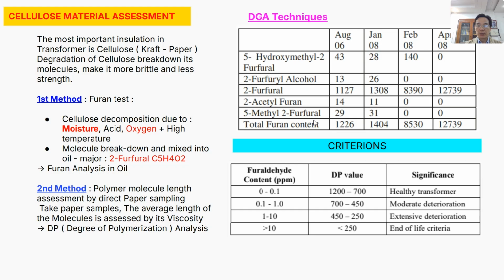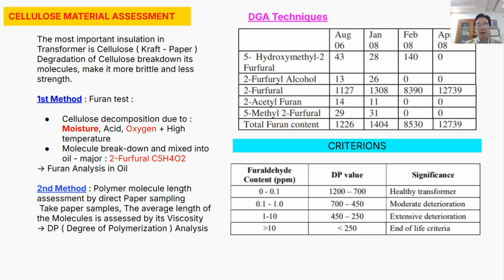What we need to take care of is we only need to see the total content of the furan in oil. For example, here in one case, the lab will give us the result in ppb.